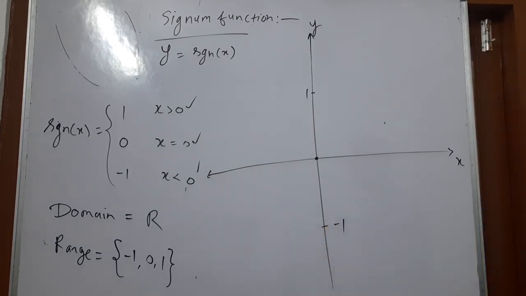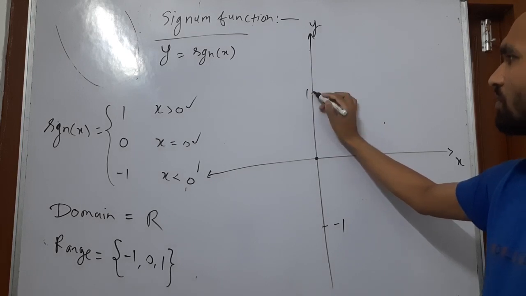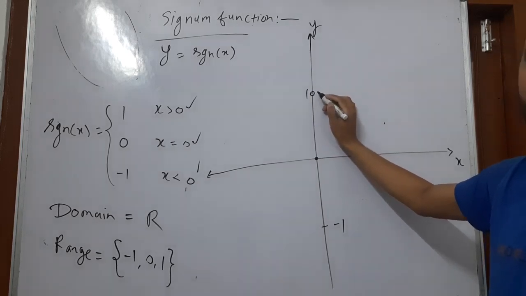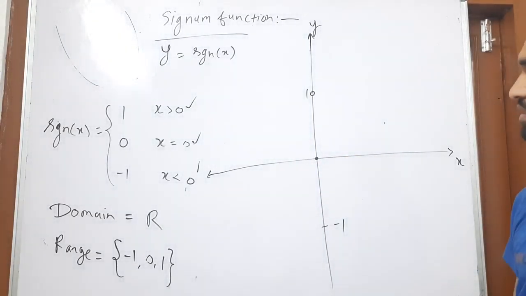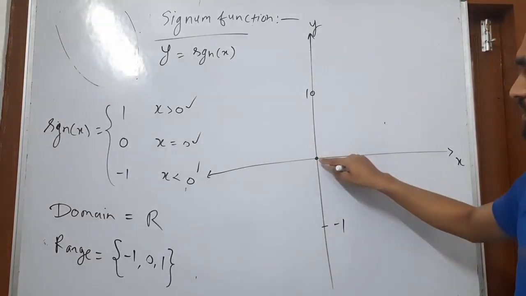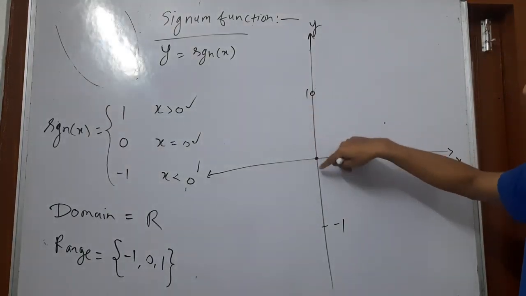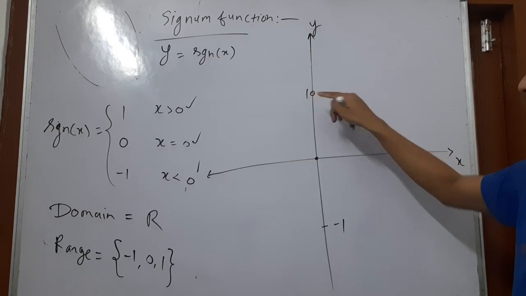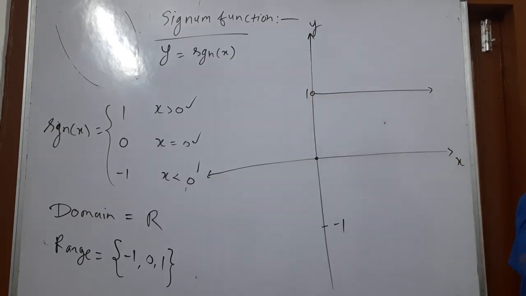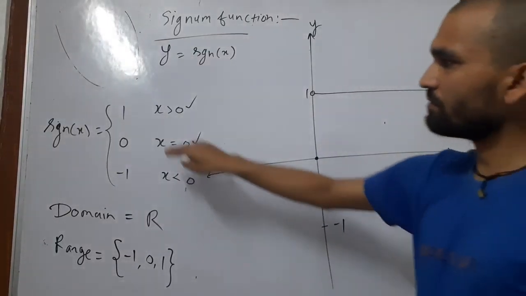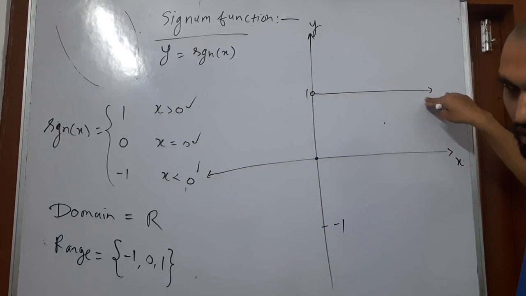For x greater than 0, we take a hollow point here, because we are taking values of x greater than 0. We are not taking 0 here. So in front of x equal to 0, we have taken a hollow sign. Now it is one line, because for every value of x greater than 0 it will always be 1.